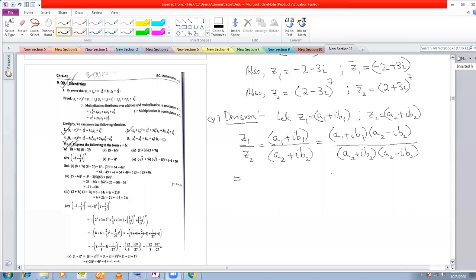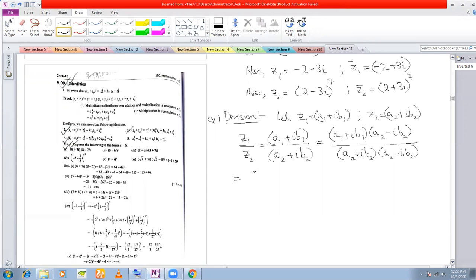Now we multiply the numerator and the denominator. So a1 a2 minus i a1 b2, normal multiplication that we do, plus i b1 a2 minus i square b1 b2, whole divided by, this is a plus b into a minus b form. So this will be a square minus b square.